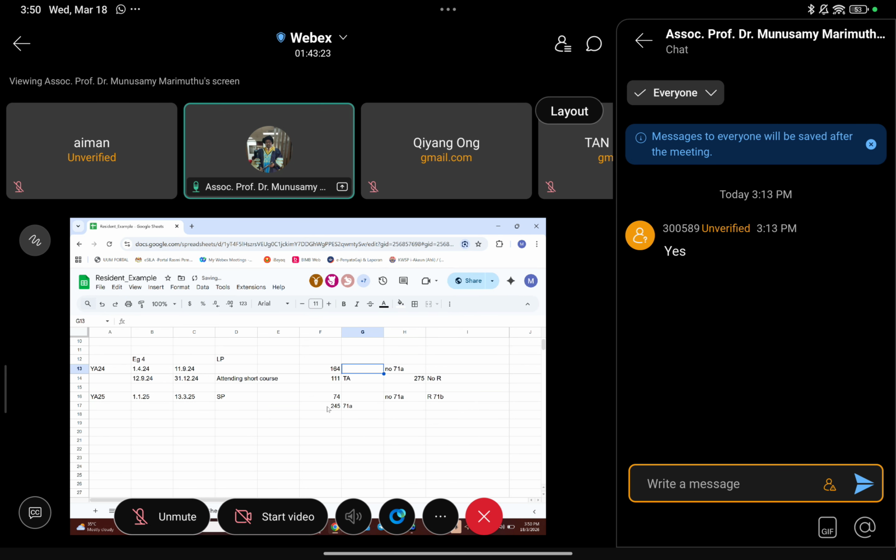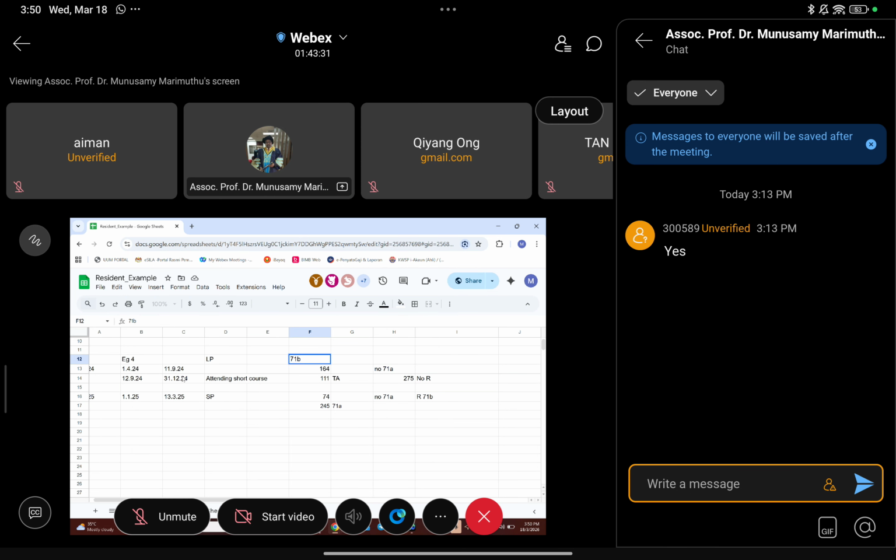And this one will become 71B. Why? If 245 links, this one, 164 physically is not 71A, but shorter period, but linked to another period which has 245, yes, it can have 71B.